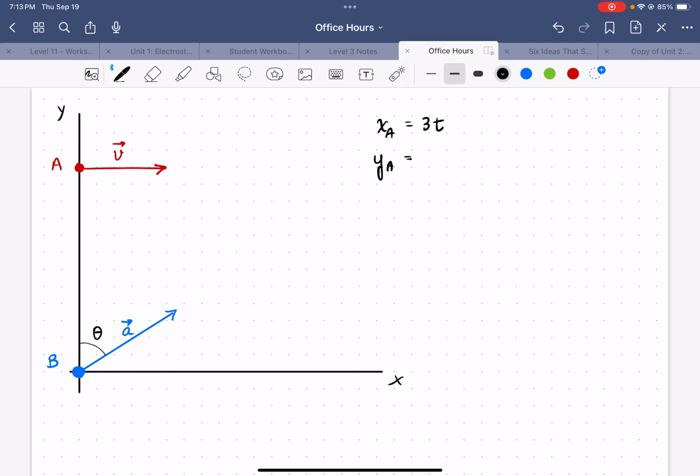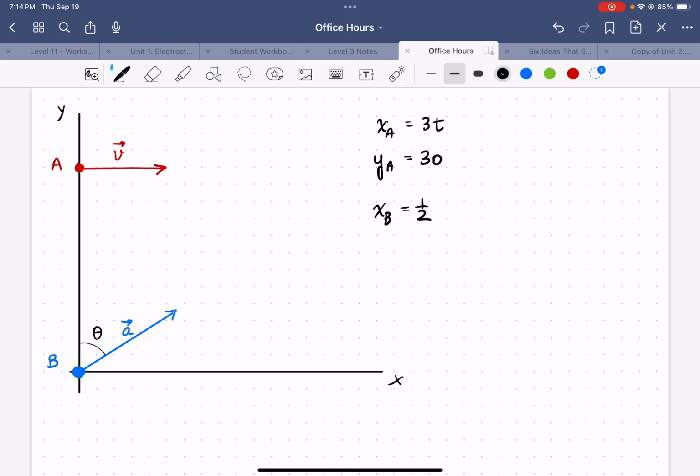For particle B, we have accelerated motion from rest, so its position in the x and y directions will look something like 1/2 multiplied by an acceleration multiplied by t squared. So for the x position, we'll have 1/2 multiplied by the x component of the acceleration. And given the way that the angle is labeled in this figure, that should be a times sine theta.